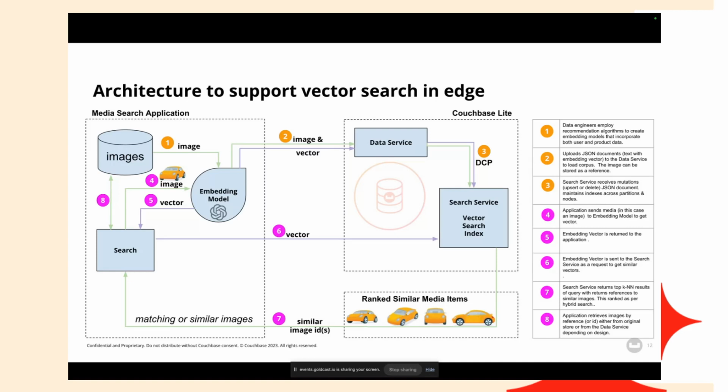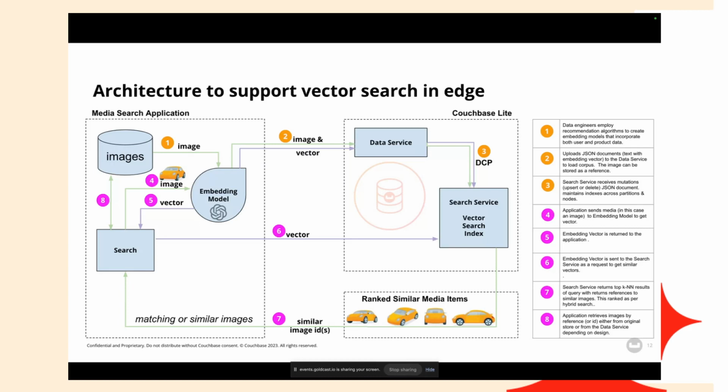For instance, if you want to take part in a quiz related to food items, you could in theory just upload an image of a food product, and using the vector search, Couchbase Lite will be able to determine that you have uploaded an image of a food item, and it will on the fly generate a new quiz based on food. This shows the capability of generating a personalized feed, or in this case, personalized products that you can see inside of the application.